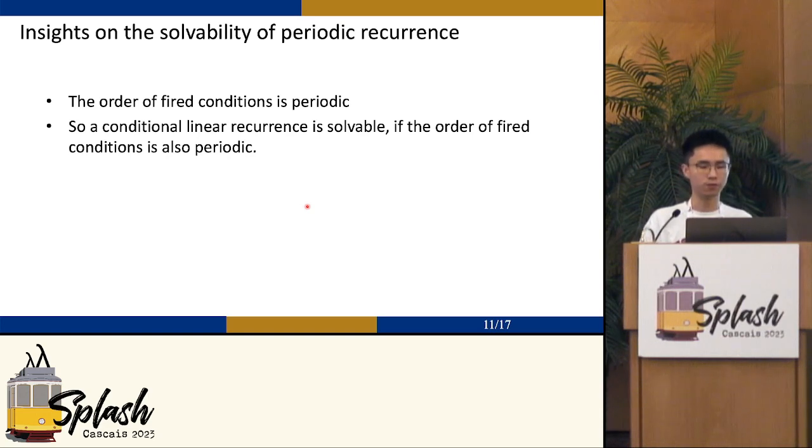Then the closed-form solutions can be obtained by computing the matrix power symbolically. This suggests that for any general conditional linear recurrence, if the corresponding order is periodic, then we can solve for a closed-form solution in a similar way.